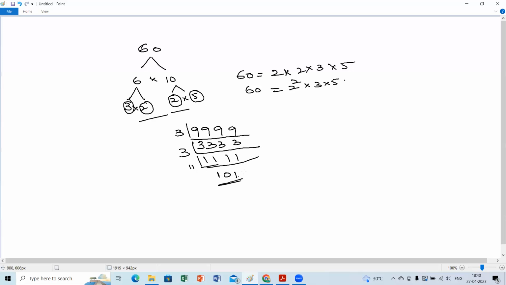You can stop. 101 is a prime number. You can express 3 into 3 into 11 into 101. The same thing you can write as 3 square into 11 into 101. 99 into 101.